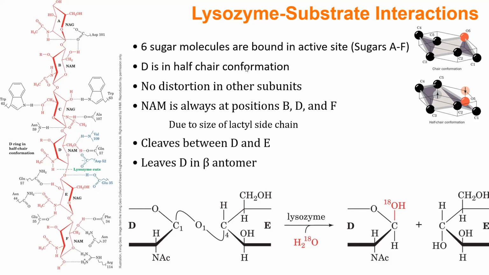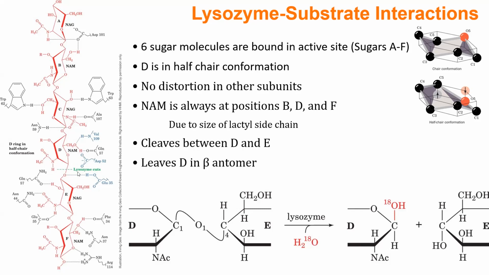So for lysozyme to work, first off, if you remember, the peptidoglycan layer is made out of NAG and NAM sugars, and they just repeat: NAG, NAM, NAG, NAM, NAG, NAM, NAG, NAM. Lysozyme will bind to 6 of these sugars at a time.